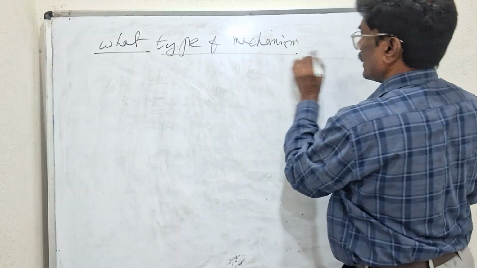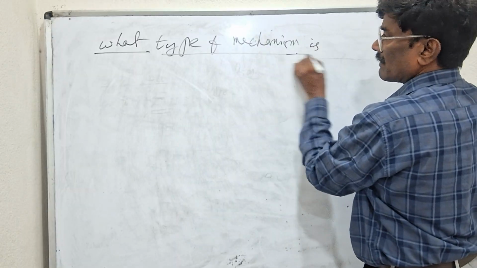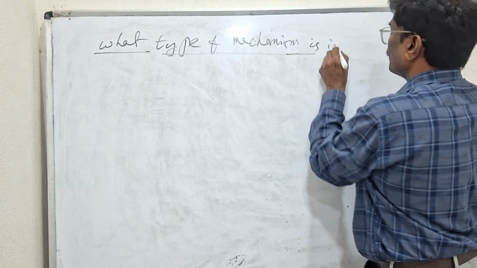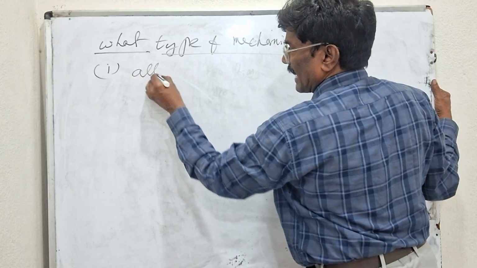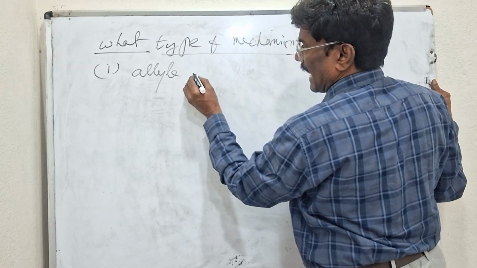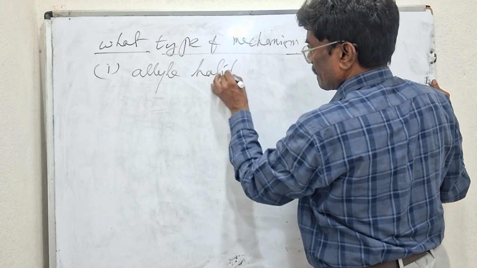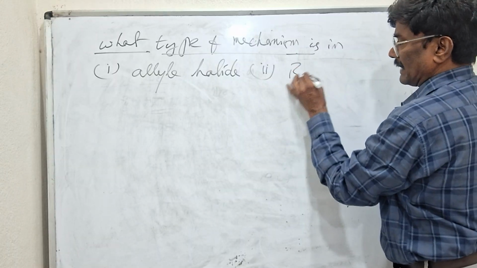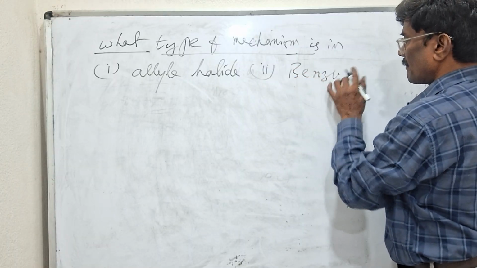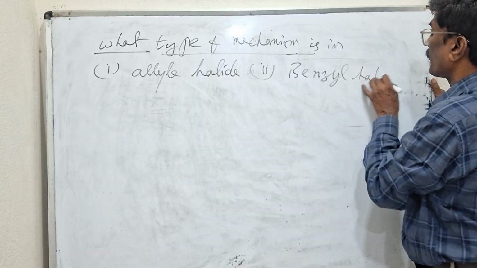I am giving two compounds: the first is allyl chloride or allyl halide, and the second one is benzyl halide.